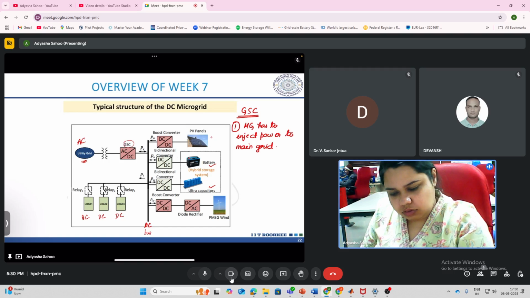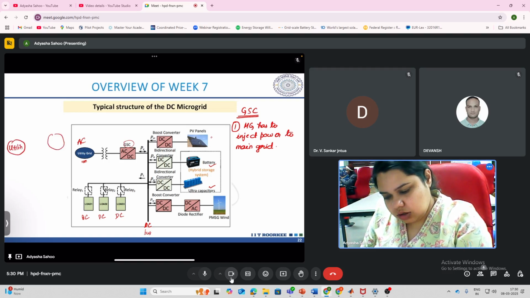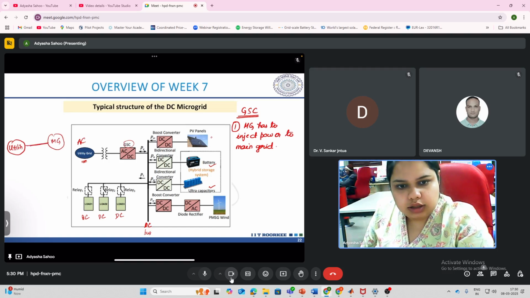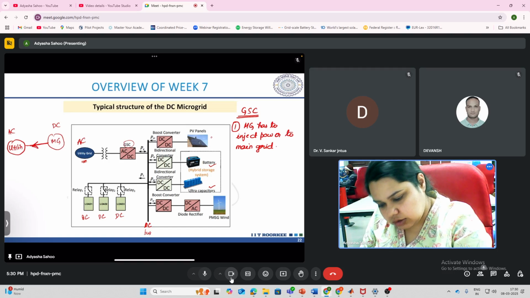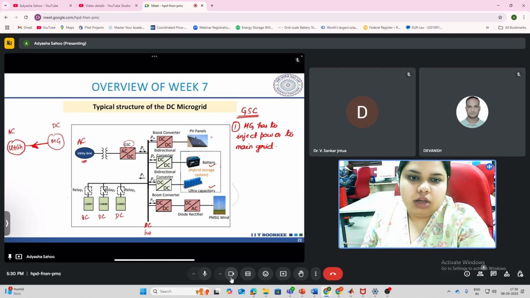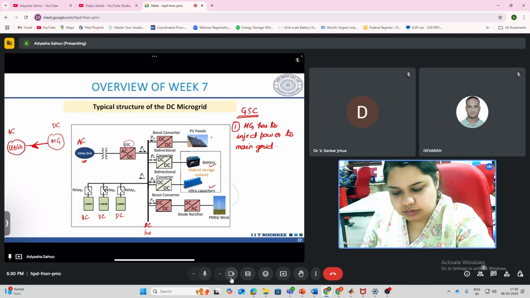So if you want to inject to the grid, this is your utility, this is your microgrid, this is the boundary line connecting them, this is DC, this is AC. You want the power to flow in this direction. So what is the type of converter action that you need?